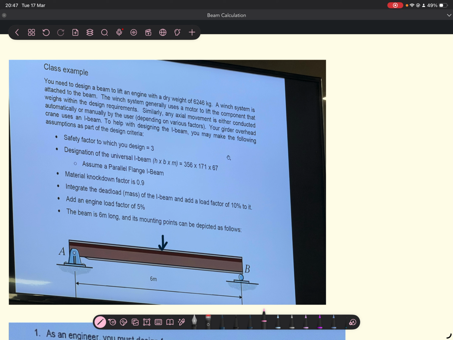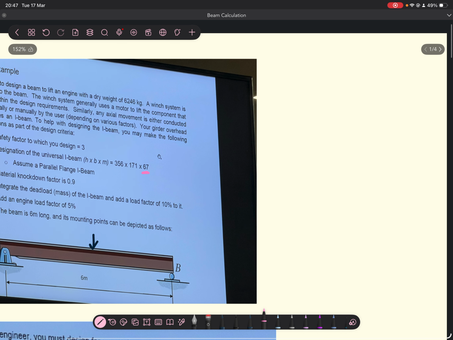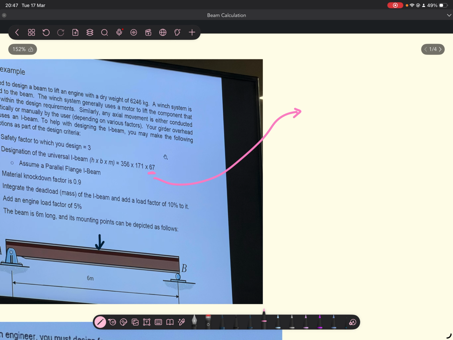The I-beam has a height of that much, a width of that much, but then m is your linear density, and m is this value here. So the units for that are going to be kilograms per meter.